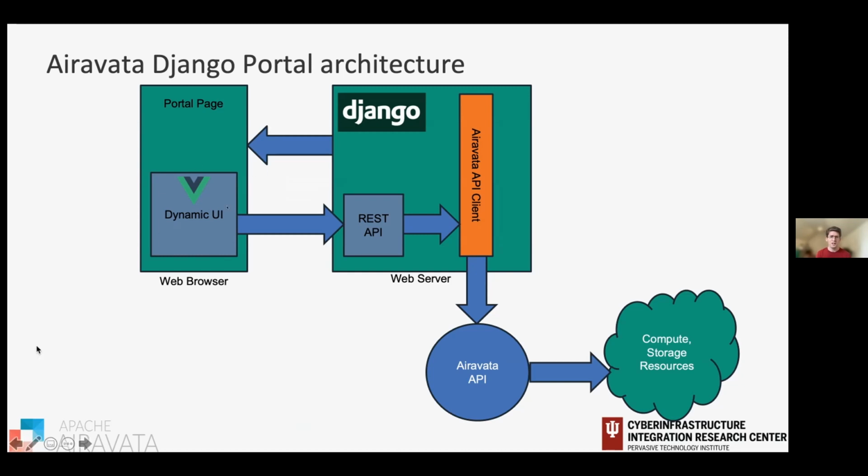And this code can then make REST API calls back to the Django web server, which then proxies to the Airavata API client and then to the Airavata API.